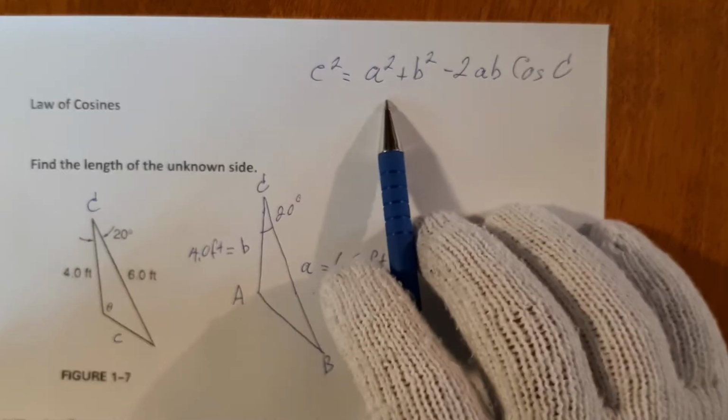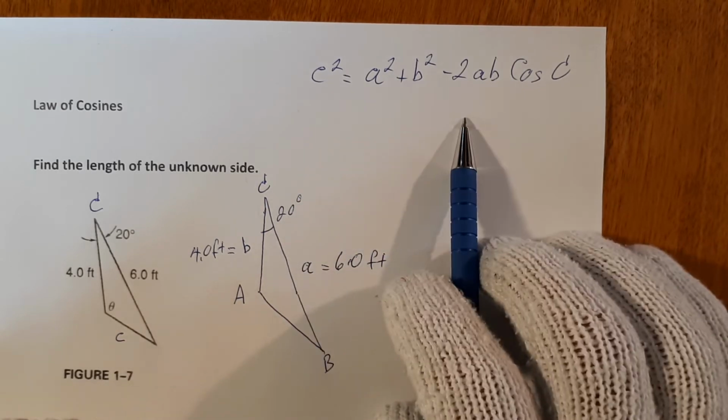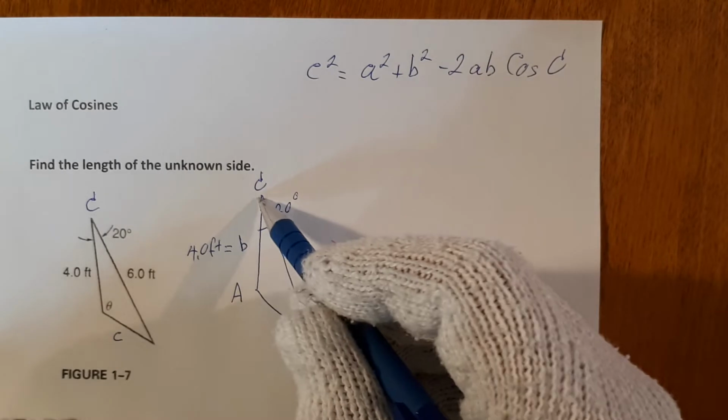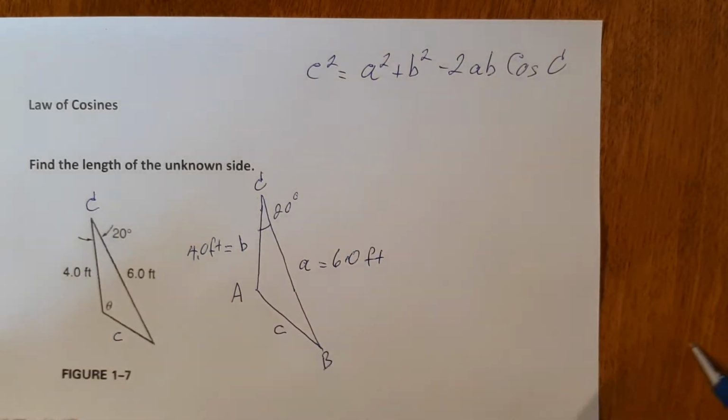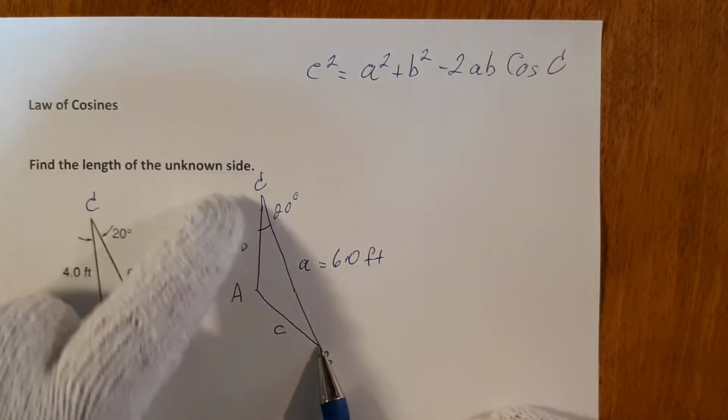But as long as you know one equation, and this is the one I choose all the time, I just arbitrarily choose that to be C, and I carry on. So opposite C will be the length here, lowercase c, and that's what I'm looking for. It says find the length of the unknown side.